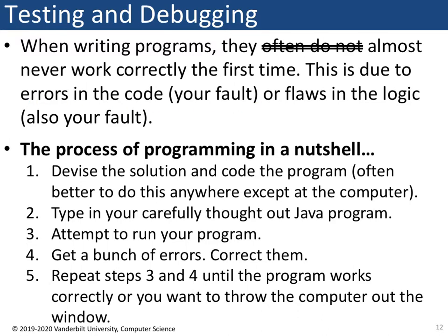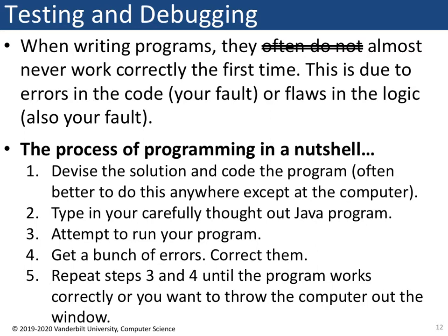The other source of flaws is that you coded it properly. There's no errors in the code per se. It's just that logically what you told the computer to do will not accomplish the task that you wanted accomplished. So you had a logical flaw. Both of these are your fault.